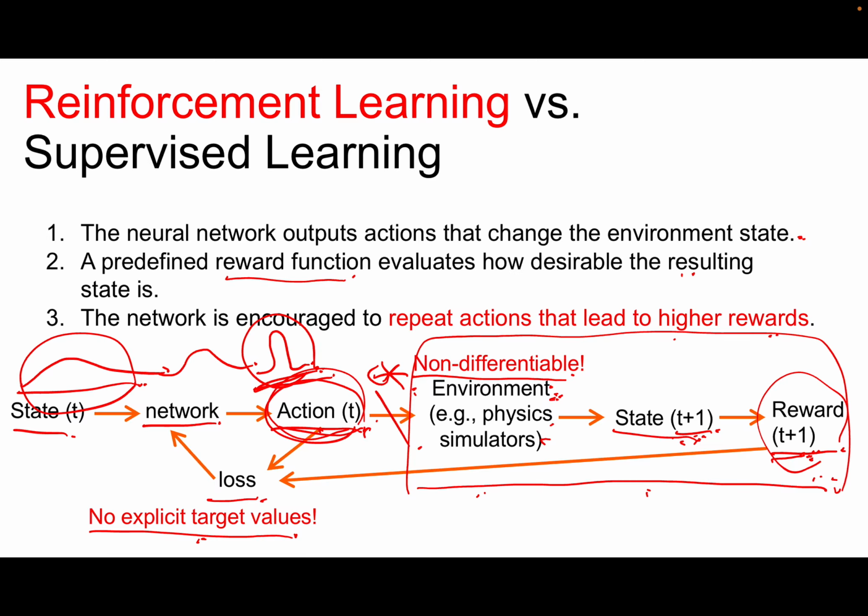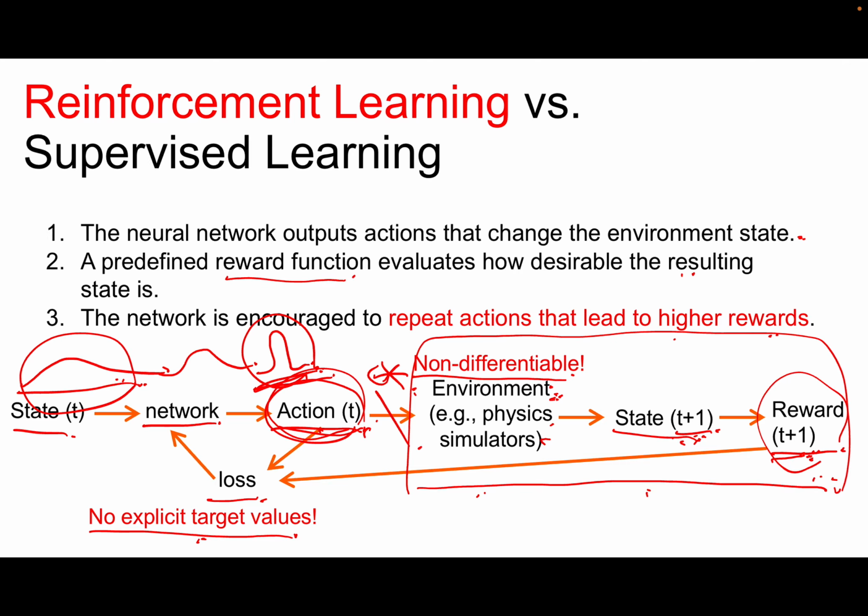We need to find a good standard deviation which can try lots of actions and at the same time converge fast. That is an important hyperparameter of the network when we do reinforcement learning. We will see this kind of standard deviation later.